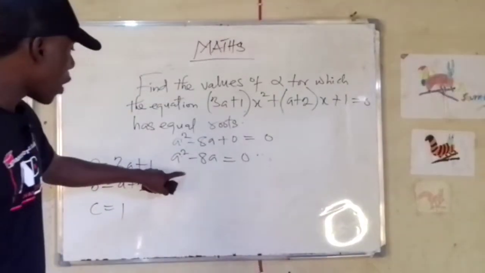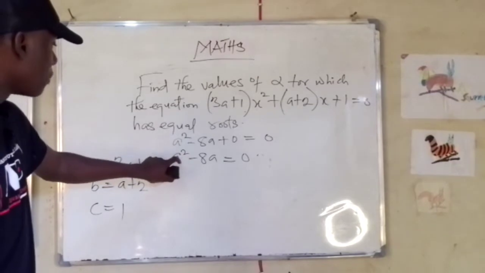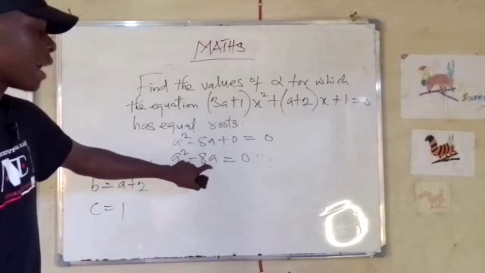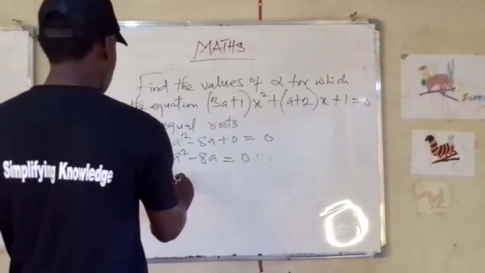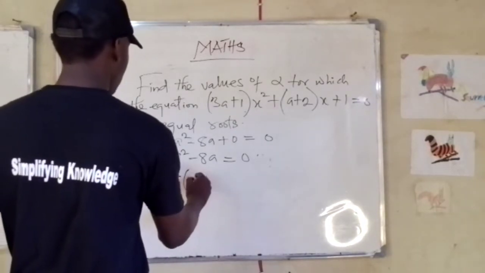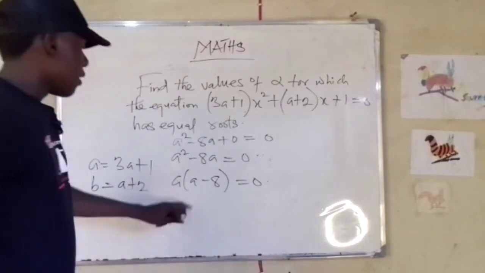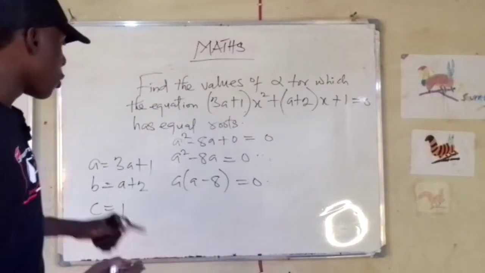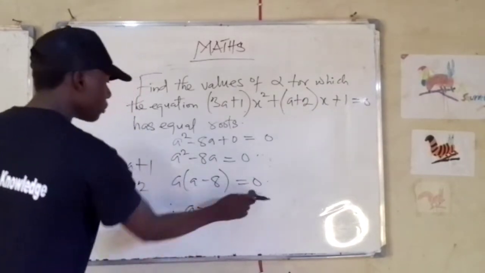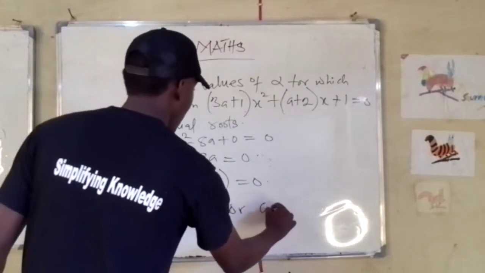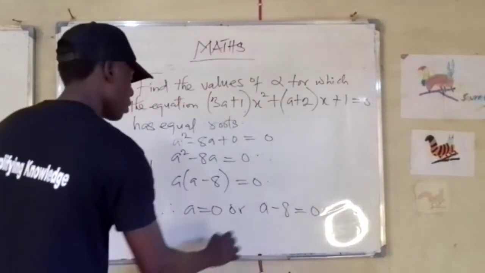Okay, now this is where we are. Let's factorize this. If you look at a squared and minus 8a, what's common to it is a, right? So I can bring out a. So this is going to be a times a minus 8 equals 0. From here, there's nothing to solve again. So we have a equals 0, or a minus 8 equals 0.